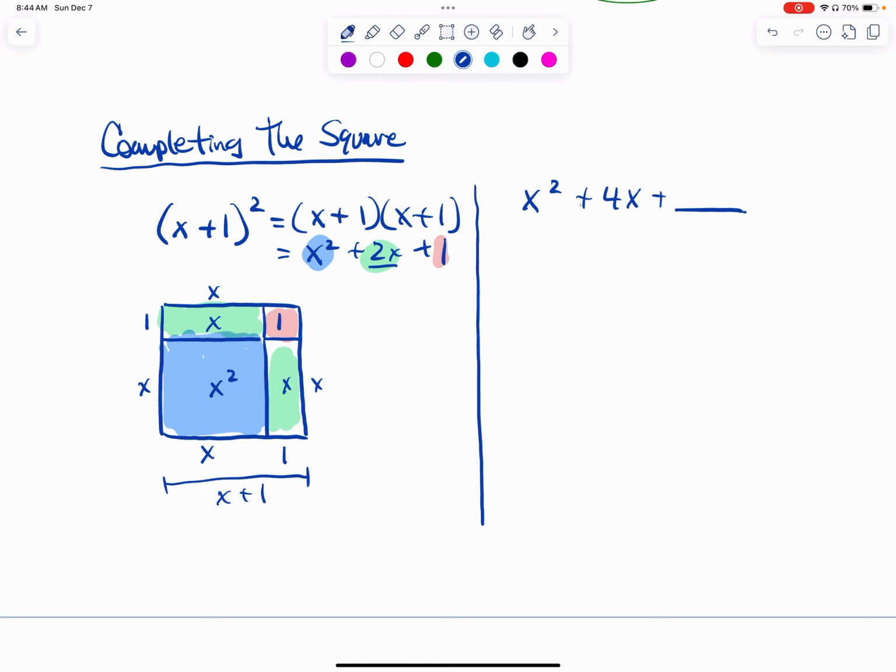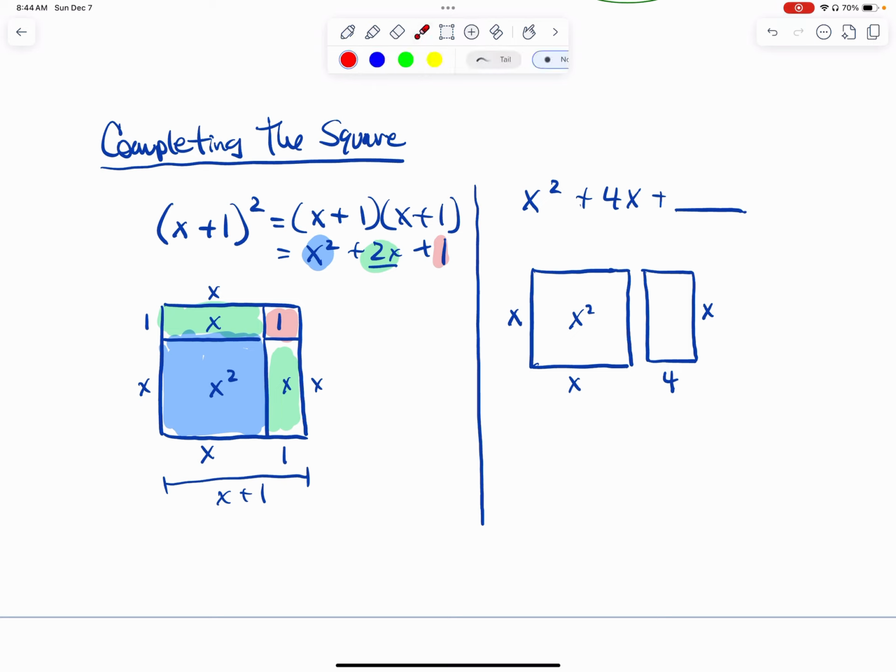So here's the technique. Right now what we have is x squared, which we know is a square, which would be x times x, x squared. And then we have 4x. So 4x would be a rectangle. Its width down here is 4 and its length is x. That matches up with this length of x.